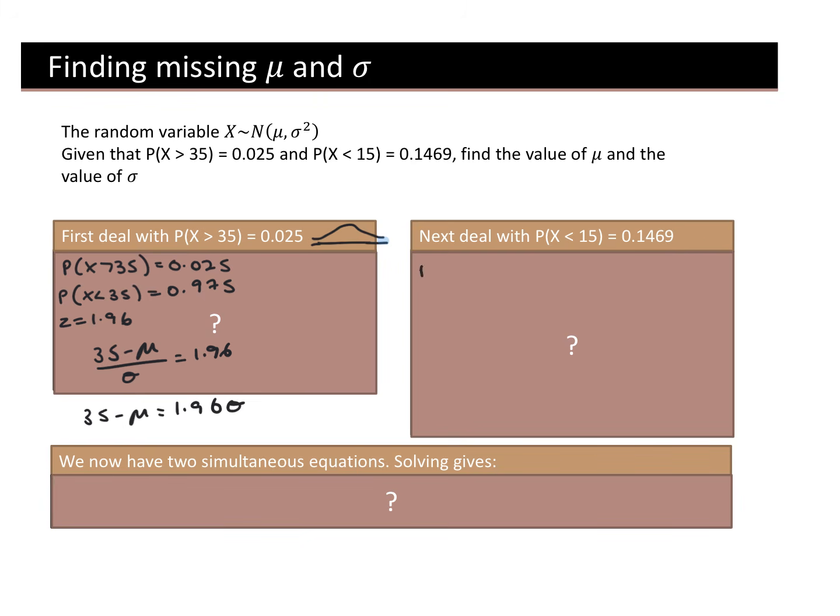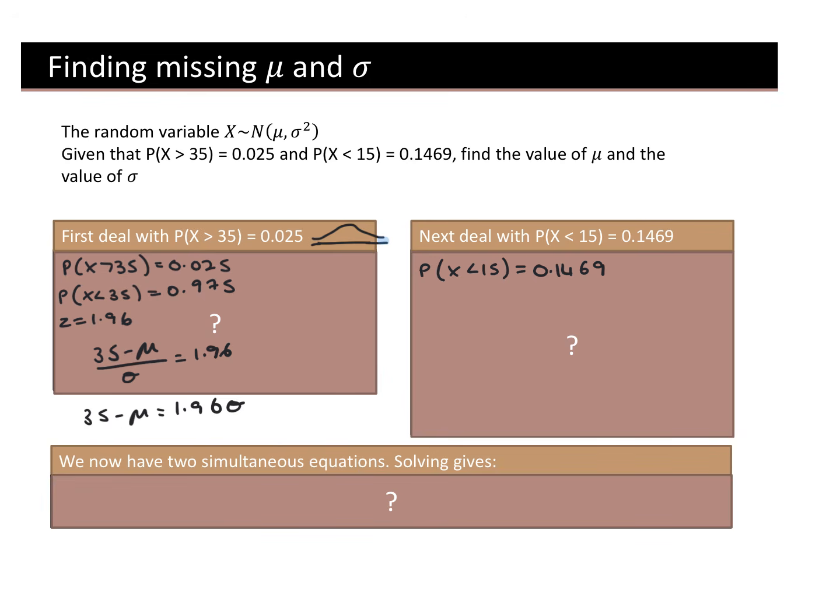So we're going to deal with the next equation. So the probability of x being less than 15 equals 0.1469. Okay, now as we can see, this number 0.1469, how is that going to help us? Doesn't really.